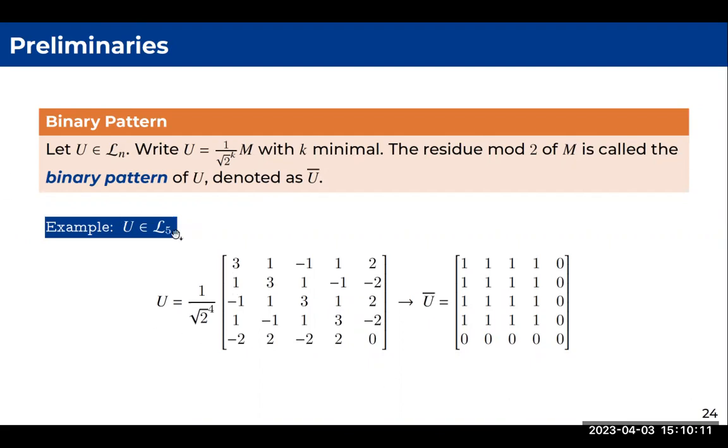As an example, if you have an element from L5, you look at its integral part and map all the odd entries to 1 and even entries to 0, and you'll get this. We'll later show that for L8, L4, and L2, the binary patterns are finite. In fact, it's only a small number of them compared to the infinitely many elements in these groups.